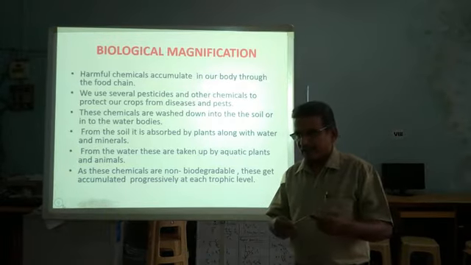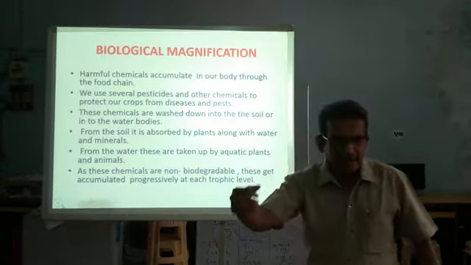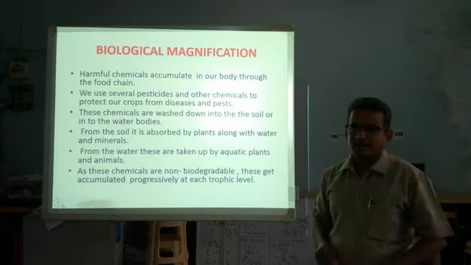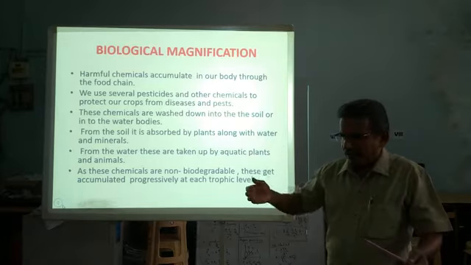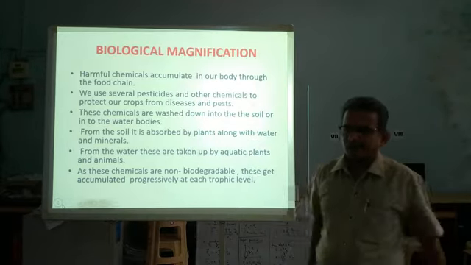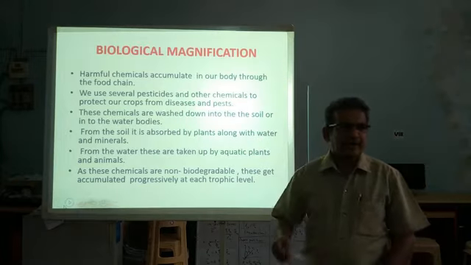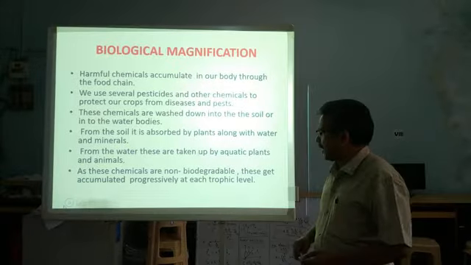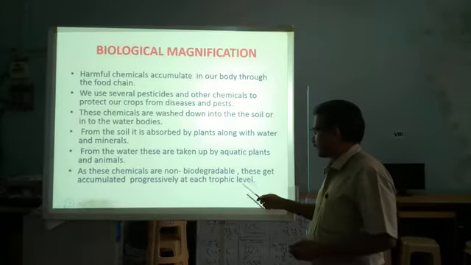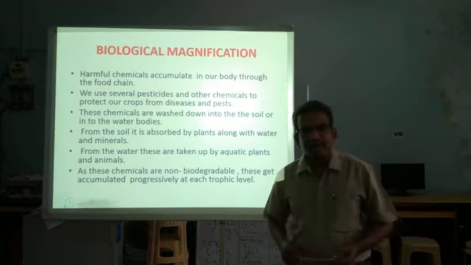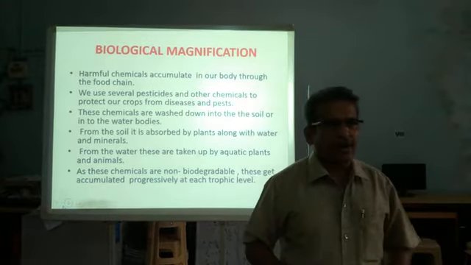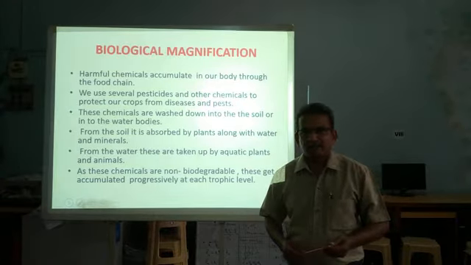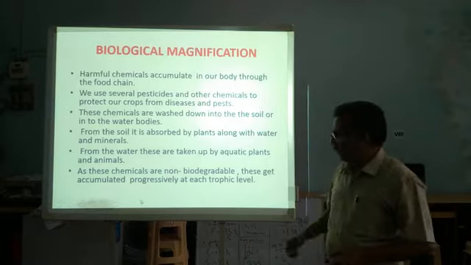Here we have seen that these chemicals are reaching our body through the food chain only, because we are one of the members of a particular food chain operating in the water body. Through the food chain, these chemicals are progressively accumulated in each trophic level. Ultimately, the last trophic level is human, so the worst sufferer of this problem is human life.